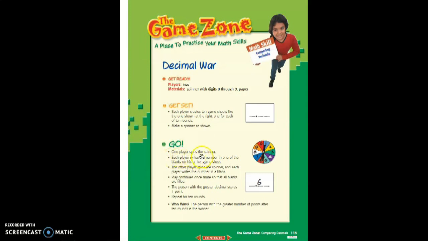One player spins the spinner. Each player writes the number in one of the blanks on his or her game sheet. Then other players spin the spinner and each player writes the number in a blank.